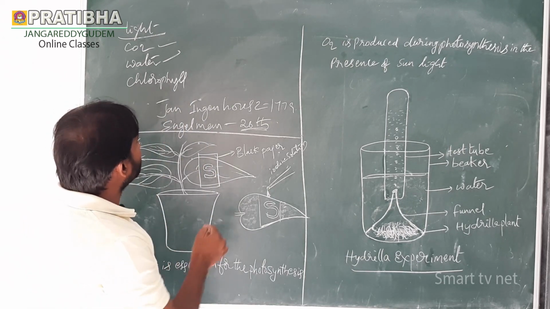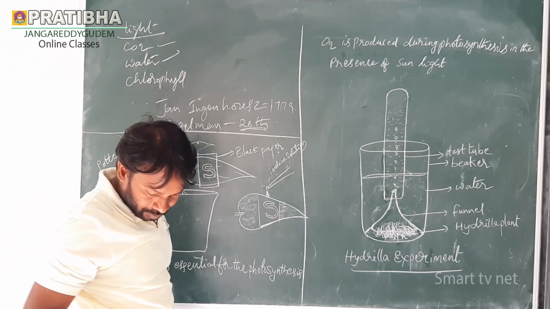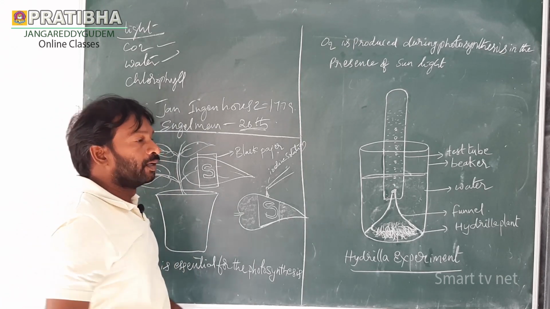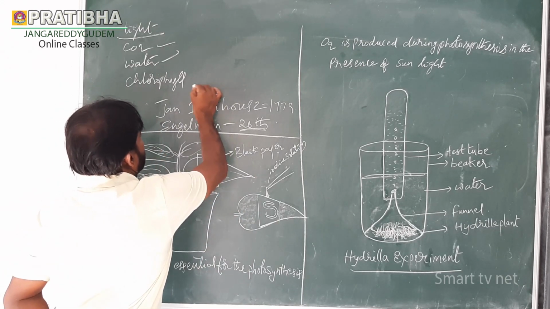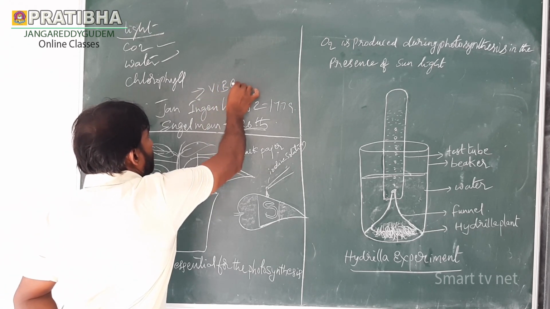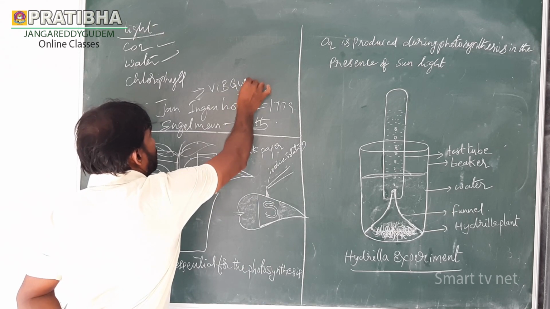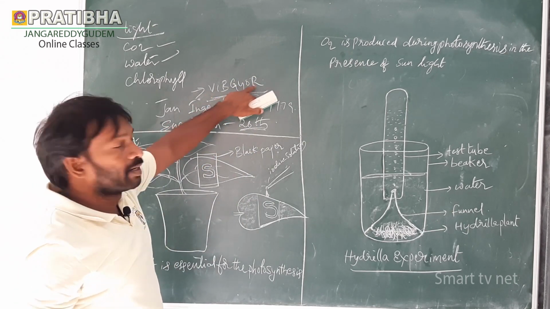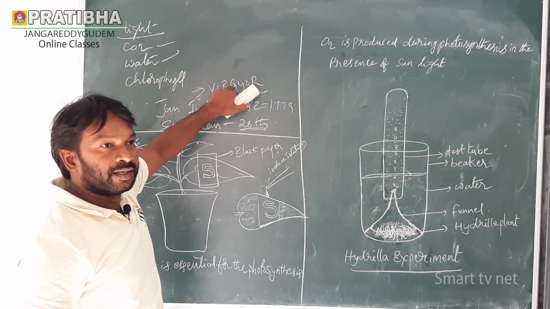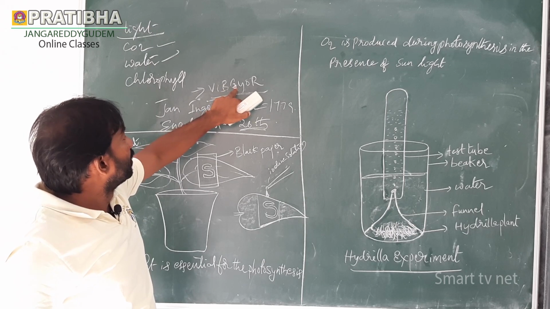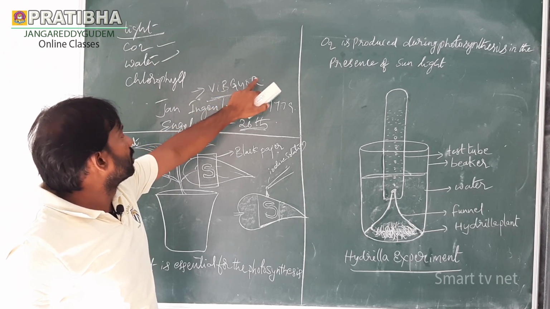In sunlight there are 7 colors. Simply we can say VIBGYOR: violet, indigo, blue, green, yellow, orange, red.